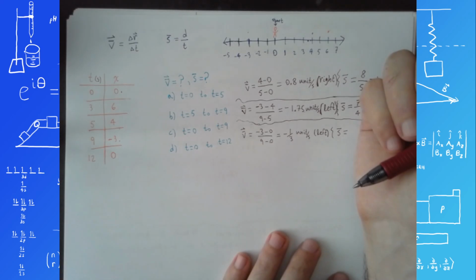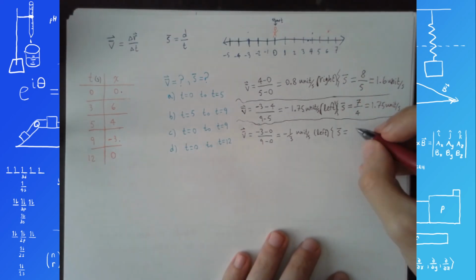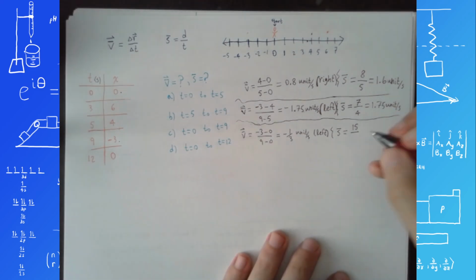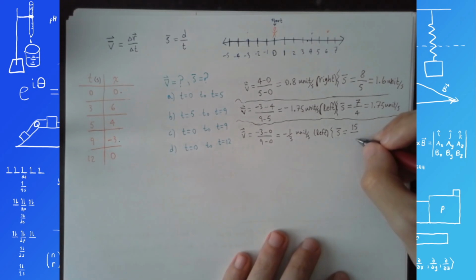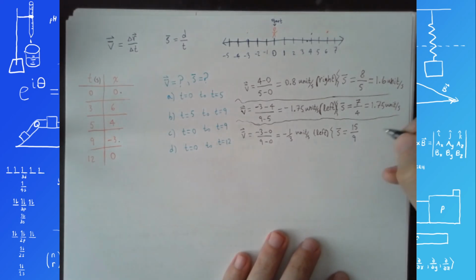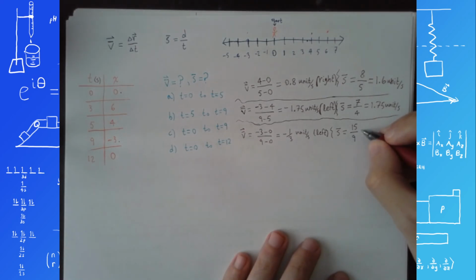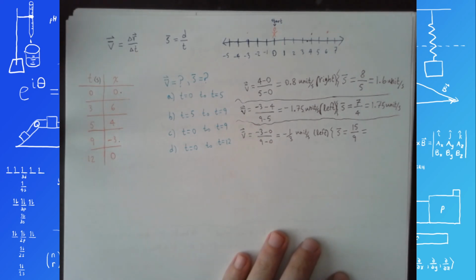So 8 plus 7, that's a total of 15 units that they moved, regardless of whether it was to the right or to the left, and divided by the total time, which is 9. And 15 over 9, I guess that simplifies to 5/3 units per second.